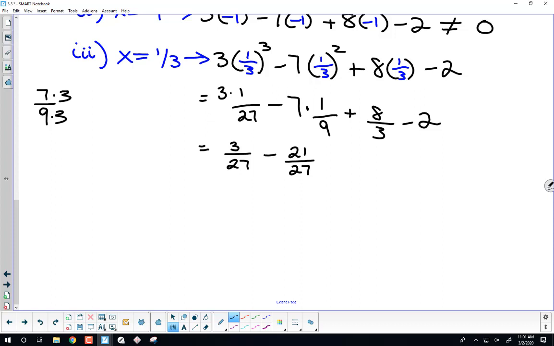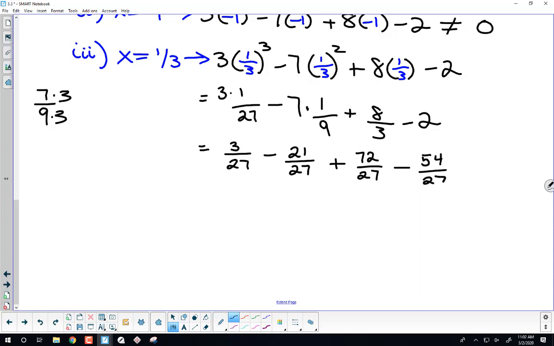Okay, so 7/9 minus 21 27ths plus 8/3. How many 27ths is 8/3? 72. 72 27ths. And how many 27ths is our 2? 54 27ths.